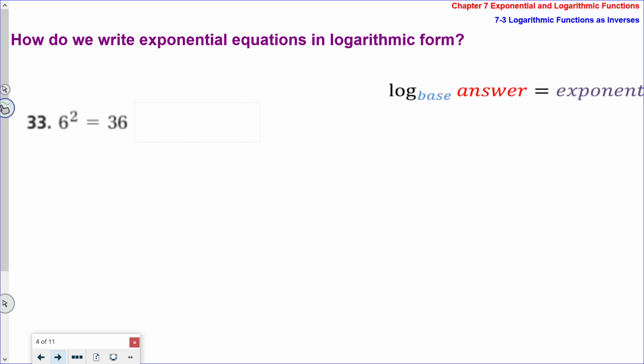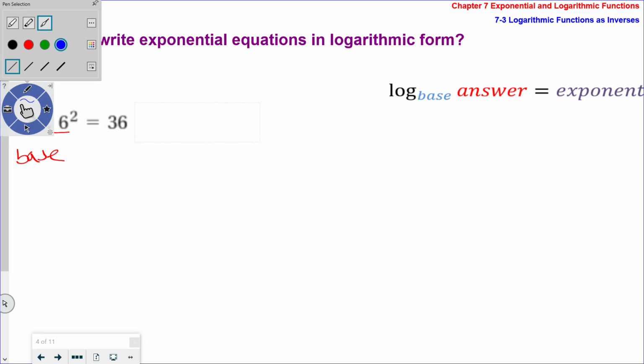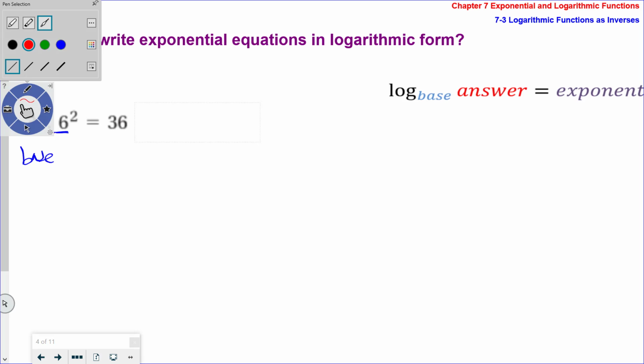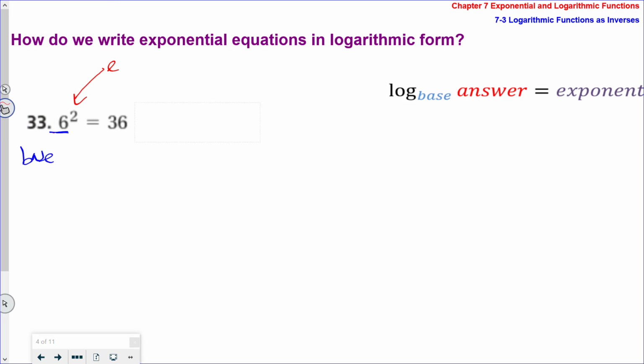So again, we have another exponential function. 6 squared equals 36. 6 is the base. This is our base. This is our exponent. 6 is the base. 2 is the exponent.